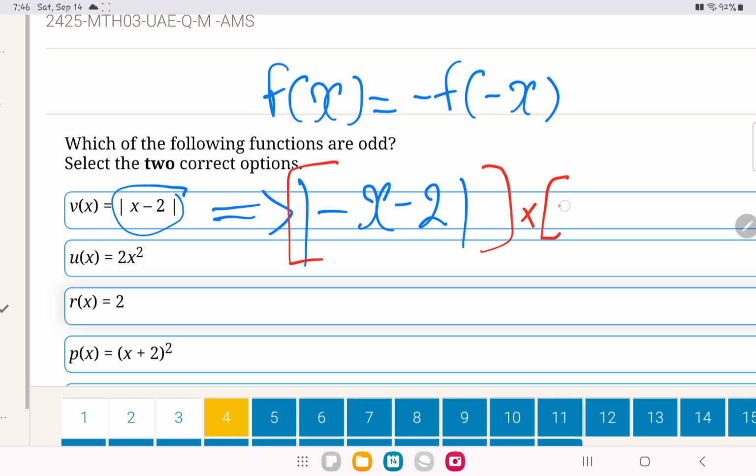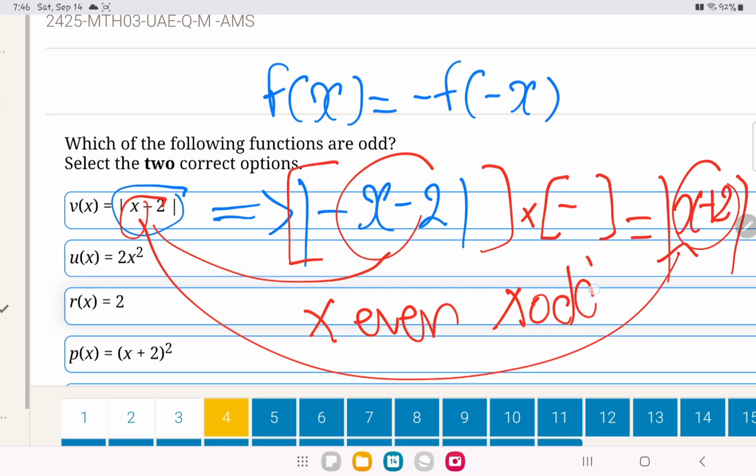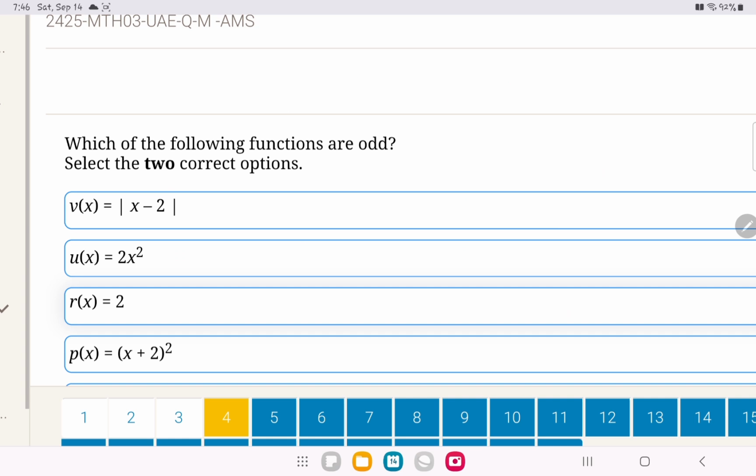So times minus, it will give us the absolute value of x plus 2. But x minus 2 and x plus 2 are not equal. So it's neither even, first of all, because this is not equal to this. And second of all, it's not odd because we multiplied it by minus and still it wasn't equal. So we say it's neither even nor odd.